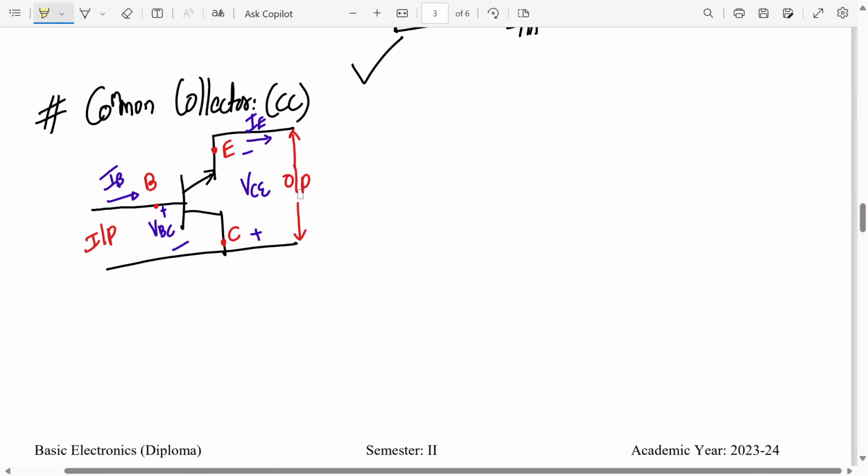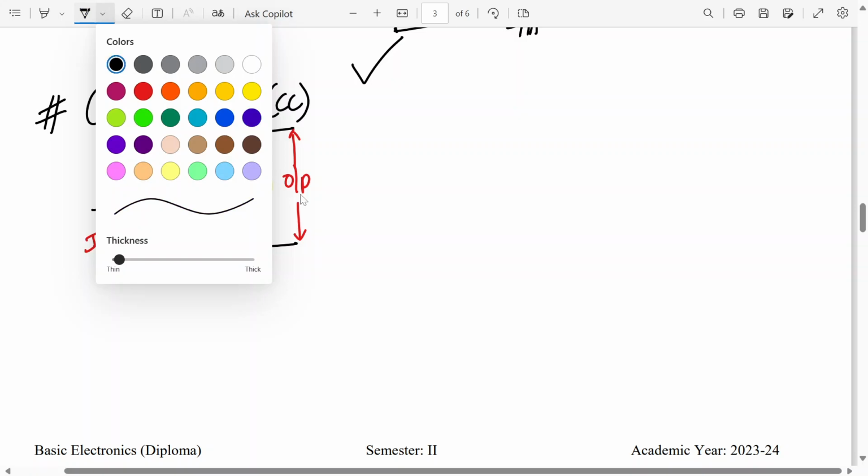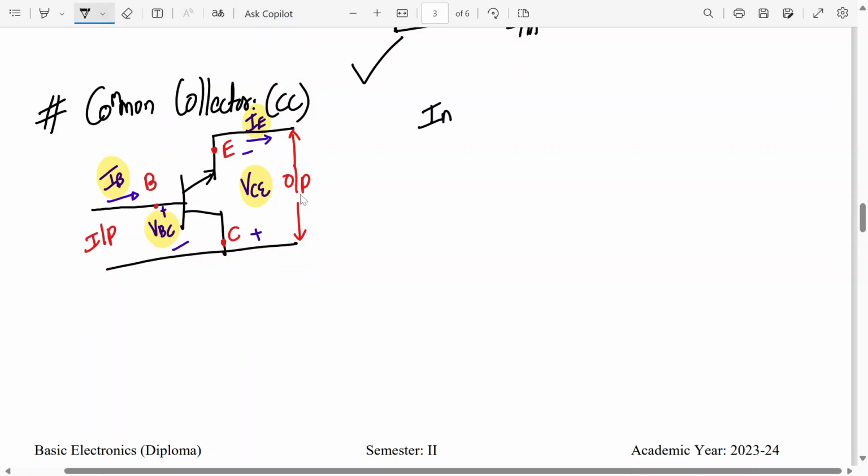So what are my input current? IB. Input voltage VBC. Output current IE. Output voltage VCE. So need not write this again. Okay. So we'll directly go to the input characteristics now. The input characteristics is a graph of input current versus input voltage.